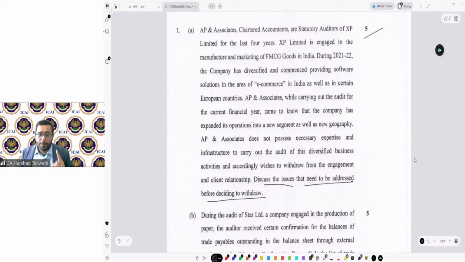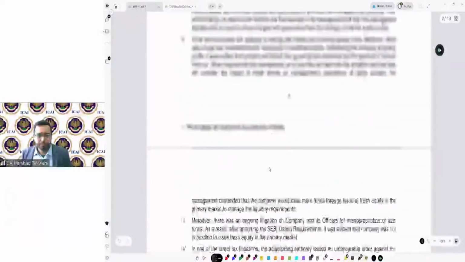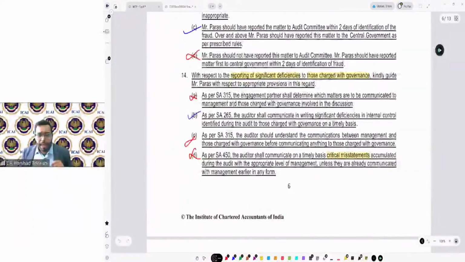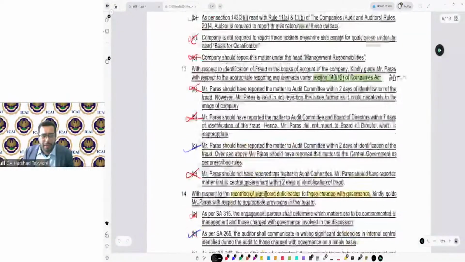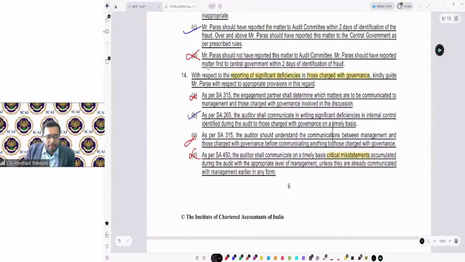And one more important thing is, when you are reading the question, pay attention to each and every word. Each and every word. Reason, because, for example, if I show you in the previous example, in this particular 14 number case, by just focusing on the words of the question, like it is talking about reporting of significant deficiencies.